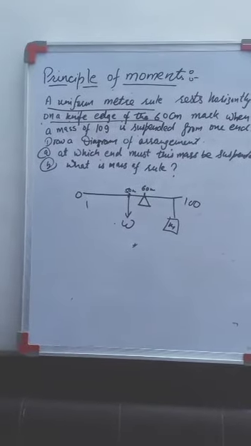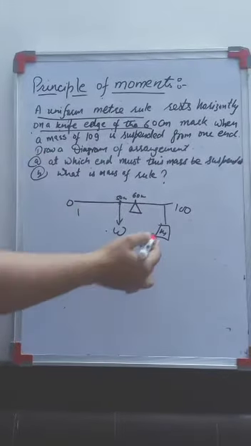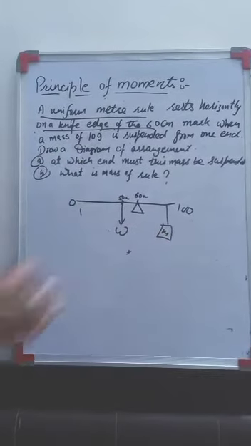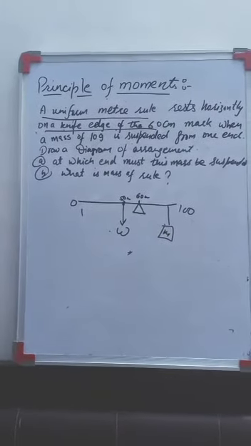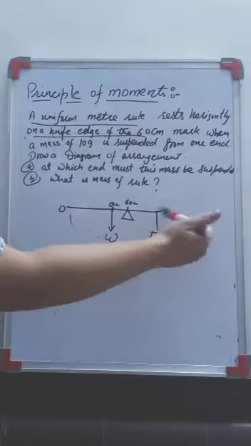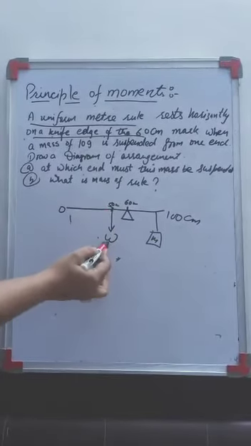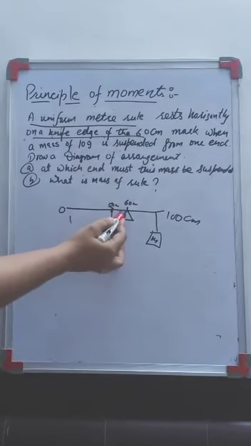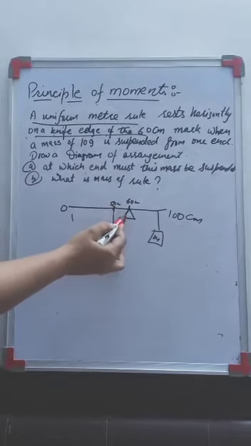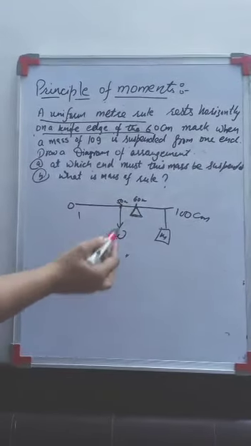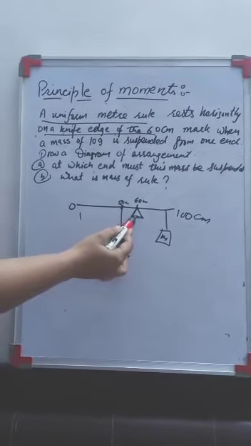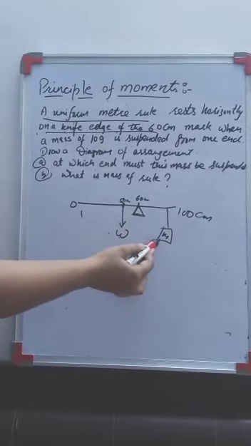So first, draw the diagram. The mass will be here. You need to draw this arrangement: 0 to 100 centimeter for the scale, at 50 centimeter the weight of the scale is acting, and at 60 centimeter it is placed on the knife edge when a mass is suspended at one end.